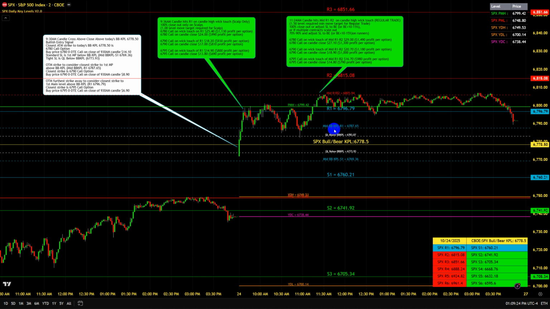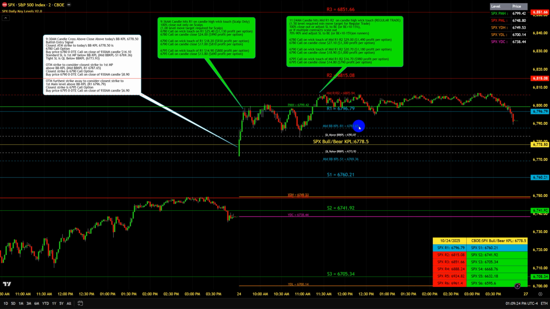The first midpoint level above is this mid BBKPLR1, 67.8765. Now, this is slightly over the midpoint between the 67.85 and 67.90 strike, because right in the middle is 67.8750. So this is right over the midpoint.